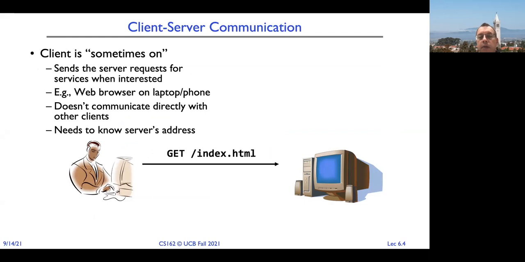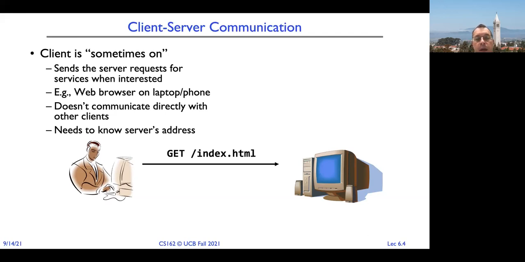Here are a little bit more details about how the client and the server are similar, and even more importantly, how they are different. The client sends a request like get index.html. This basically specifies to get the content of the first web page of a site, to render on your machine.